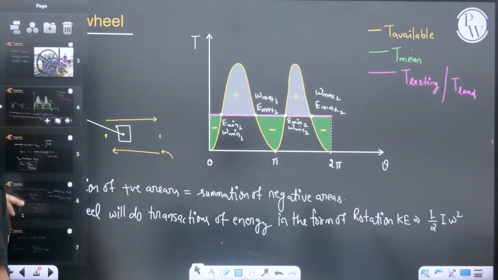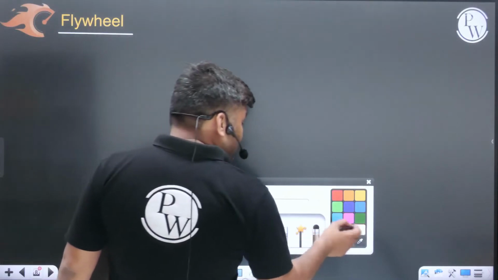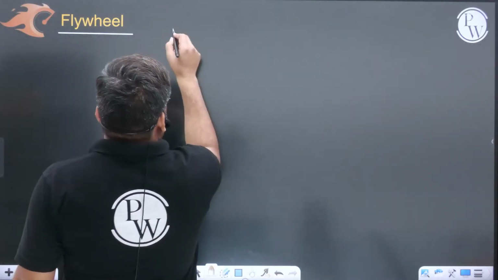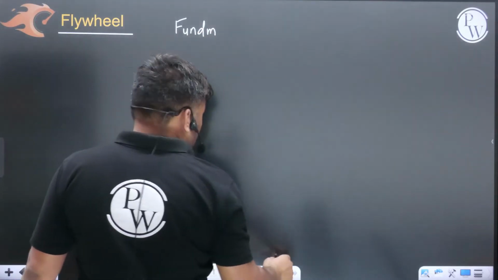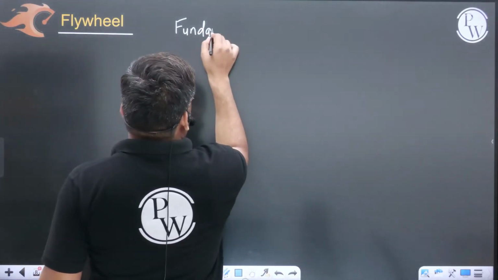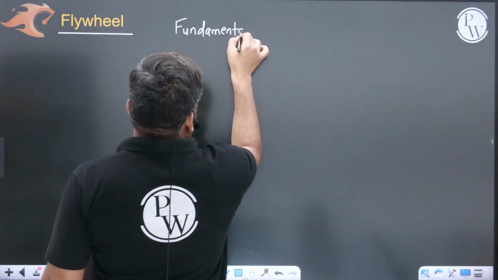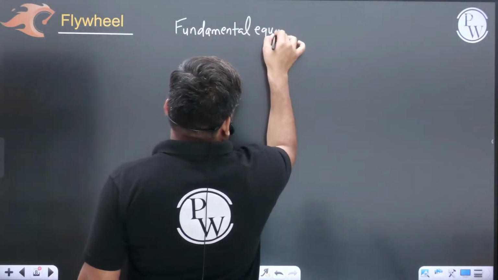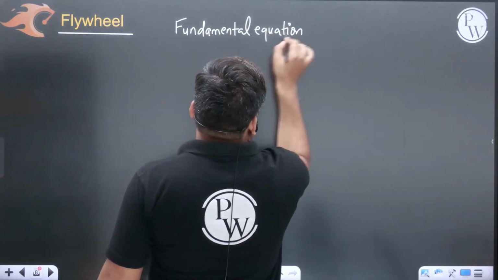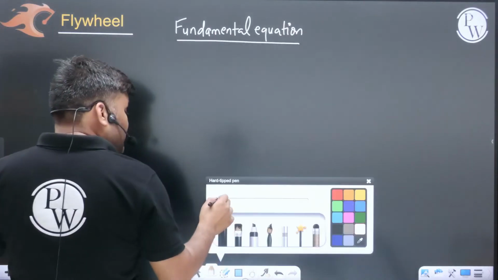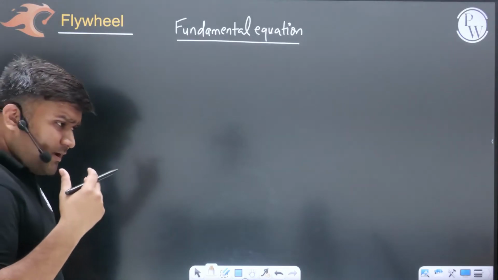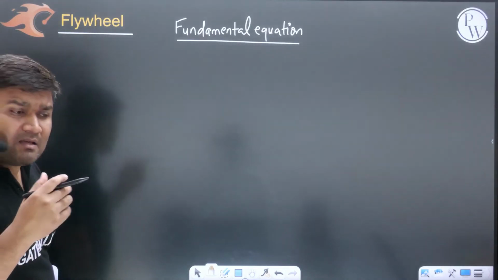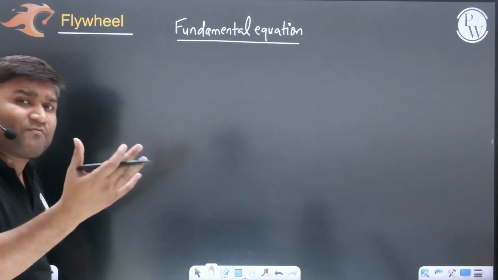Now, how do we design a flywheel, which is called the fundamental equation of flywheel? How do we write this equation? Look, ultimately, if I take a flywheel which can handle maximum fluctuations.